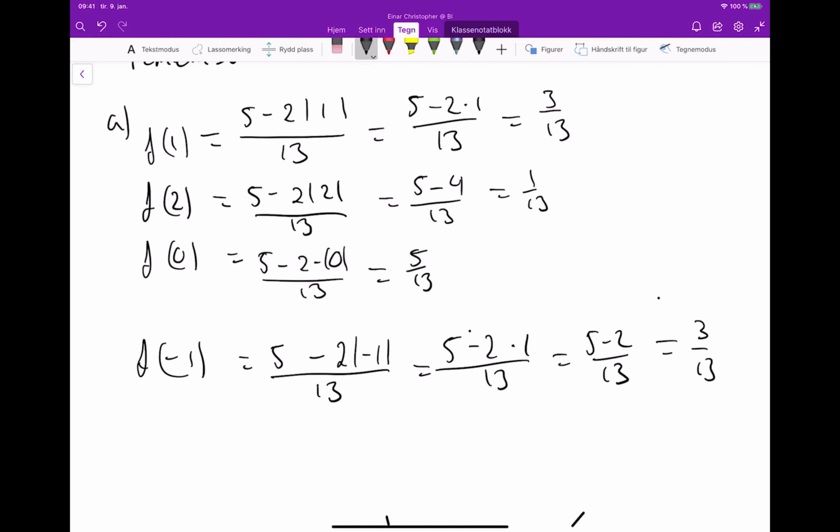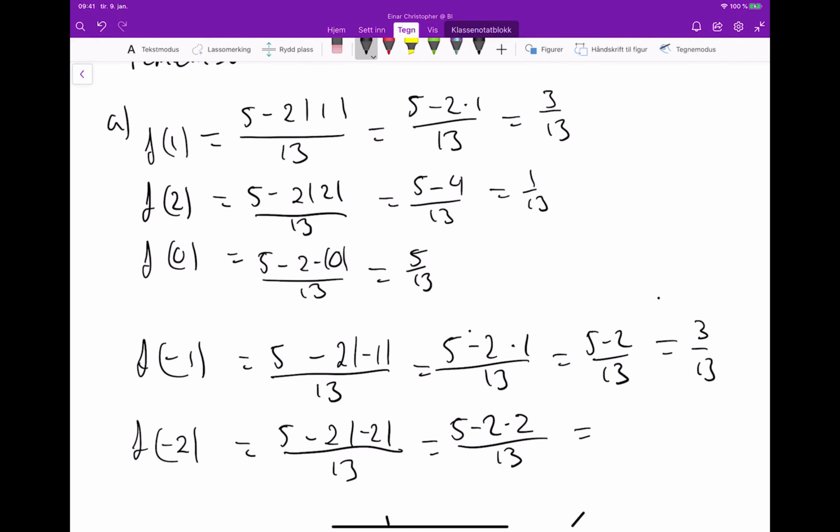And in the end we have, for -2, 5 minus 2 absolute value -2 divided on 13 is equal 5 minus 2 times 2 divided on 13, which is 5 minus 4, which is 1 divided on 13.